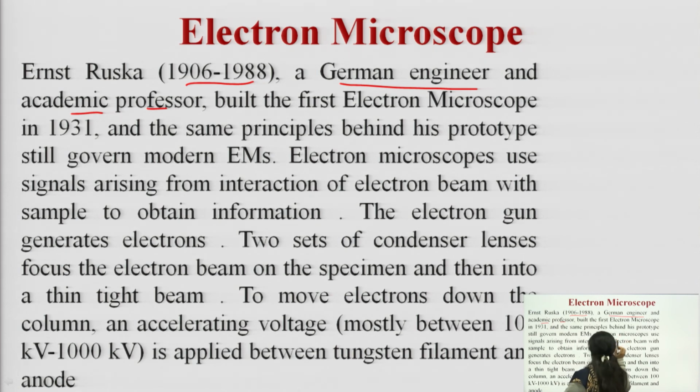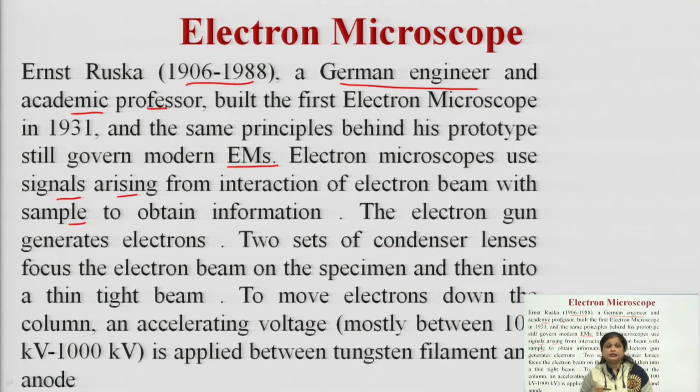On the same principle behind his prototype, we still use various modern microscopes like SEM and TEM. These are also based on the same principle of electron microscopes. Electron microscopes are microscopes based on the signals coming from the electron beam. These signals arise from the interaction of the electron beam with the sample to obtain information.